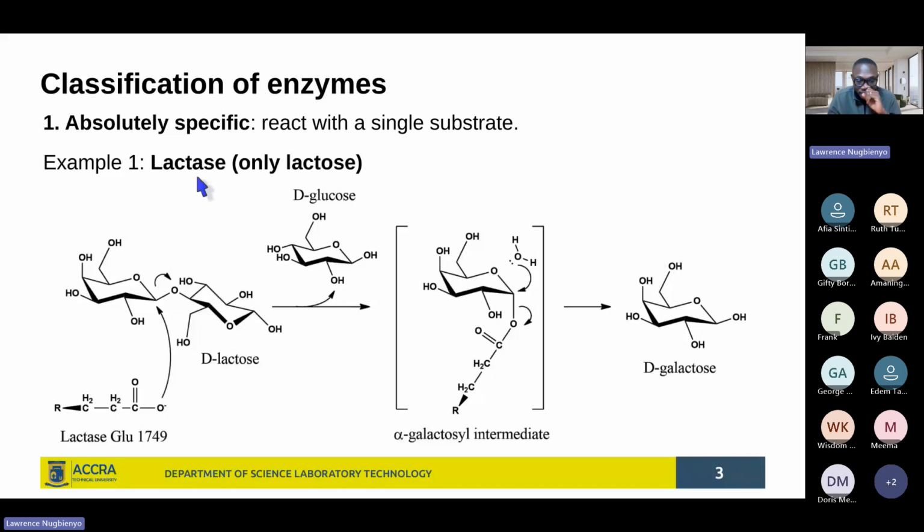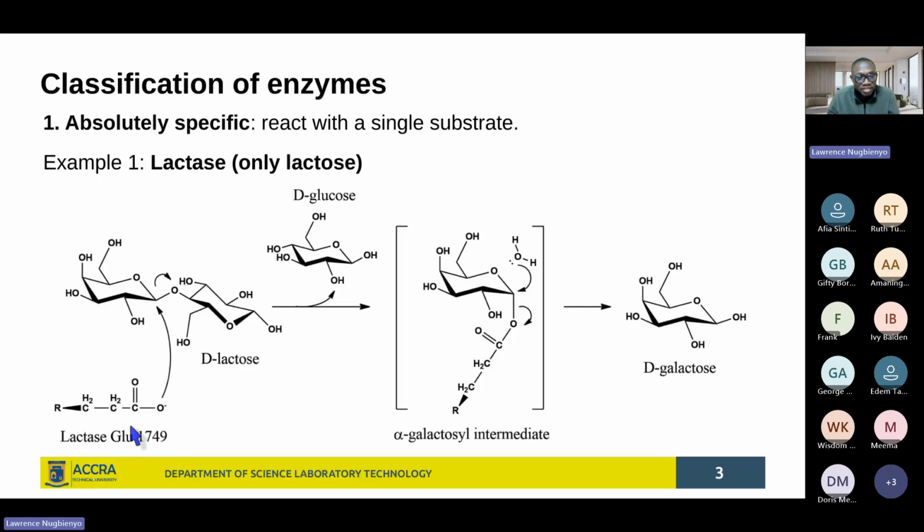And the reaction mechanism you see on your screen is just to tell you that lactase is breaking down lactose. So you see at the bottom here, on the left bottom, we see lactase. And beside it, you see glutamate 1749.